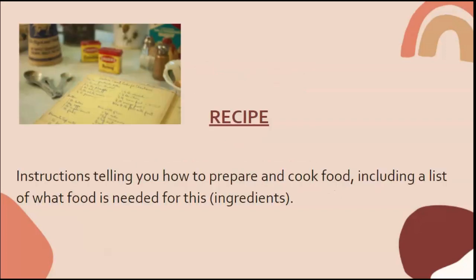Let's see. In the case of recipe, we use the word to refer to all the steps or the instructions that we need to follow to cook something, to prepare a meal, in the kitchen, and also the ingredients that we need to prepare that food. This is a recipe.